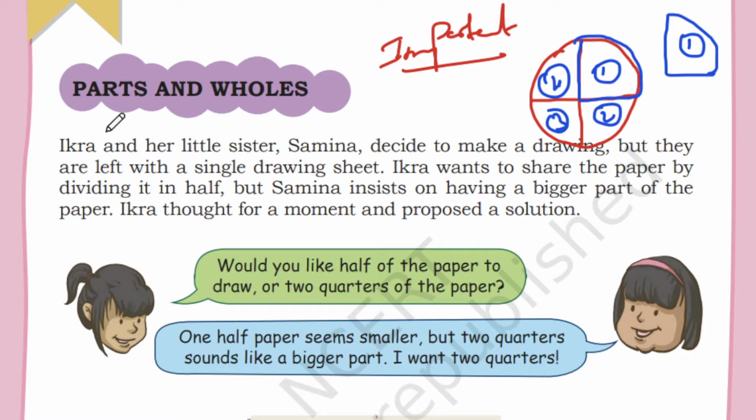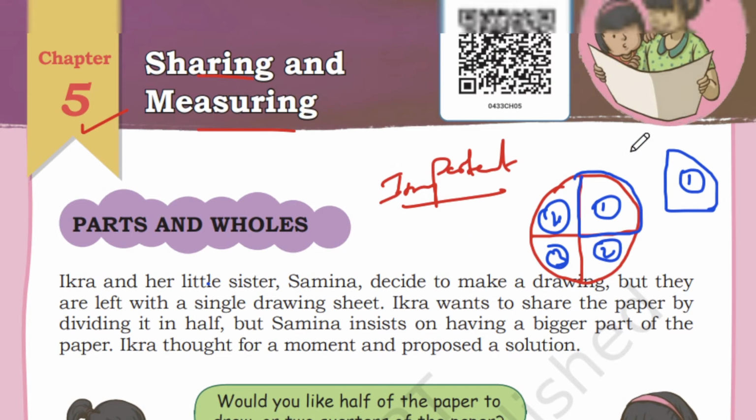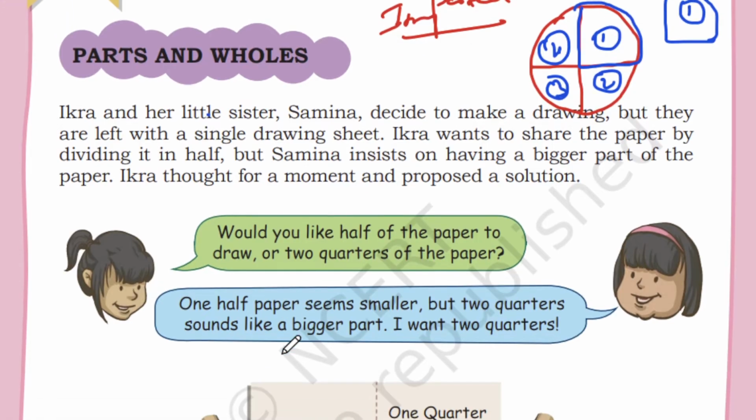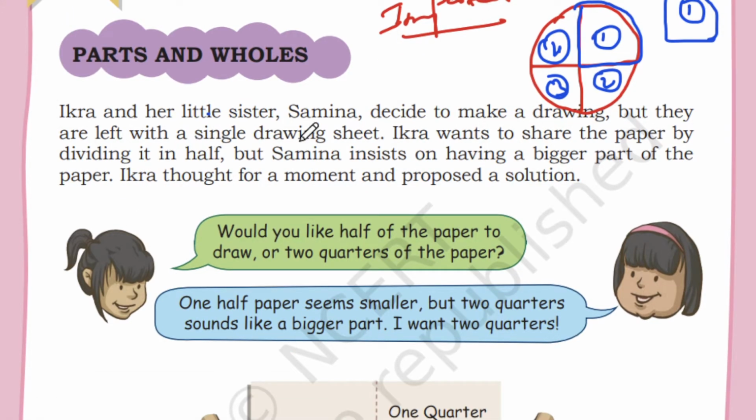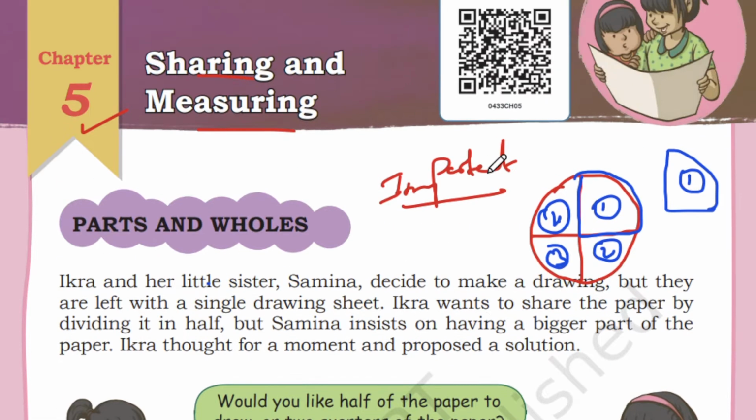Okay, Ikra and her little sister Samina decided to make a drawing. Look at this picture. But they are left with a single drawing sheet. See, Ikra is holding her drawing paper and only one paper is there.